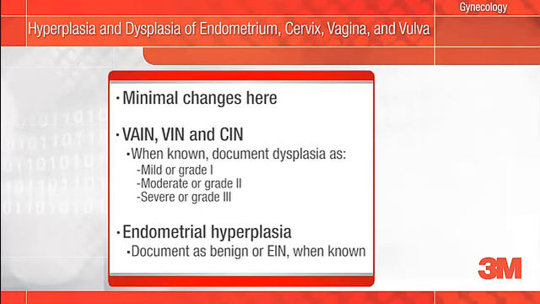Severe or grade 3 intraepithelial neoplasia is classified to the code for carcinoma of the particular site, such as cervix. Endometrial hyperplasia is coded to either benign or unspecified hyperplasia, whereas endometrial intraepithelial neoplasia, also known as EIN, is coded to a malignancy.